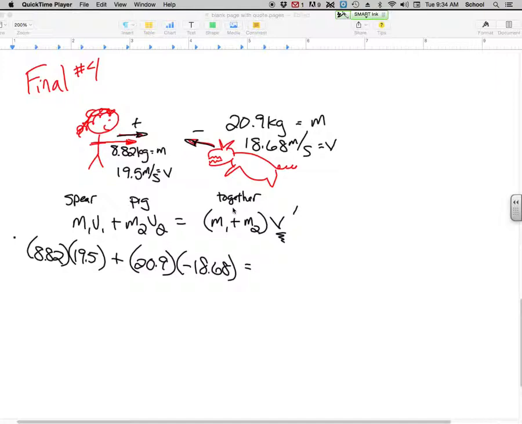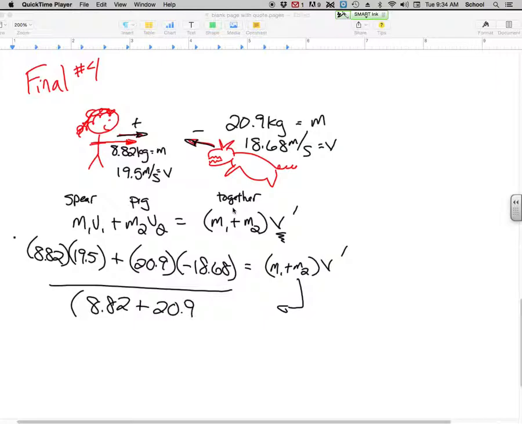So then we're going to have M1 plus M2 times V prime. So if I want to get V prime by itself, I need to move M1 and M2 underneath. So the M1 is just going to be the first mass, and the M2 is the second mass. So it's just going to look like that.